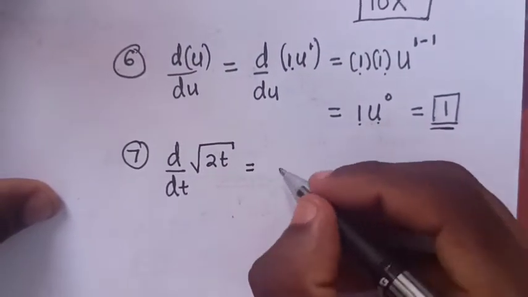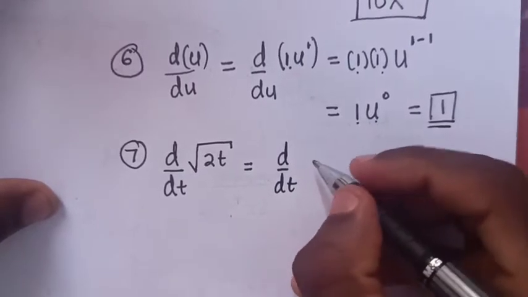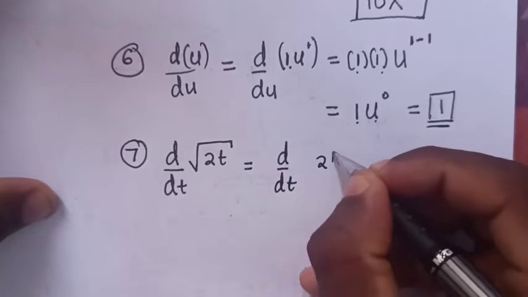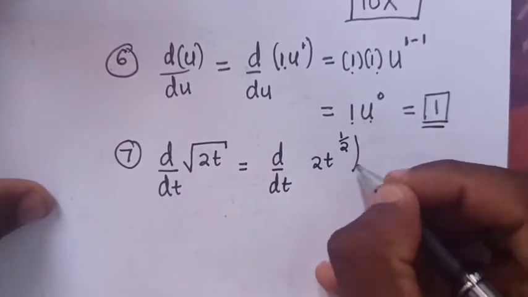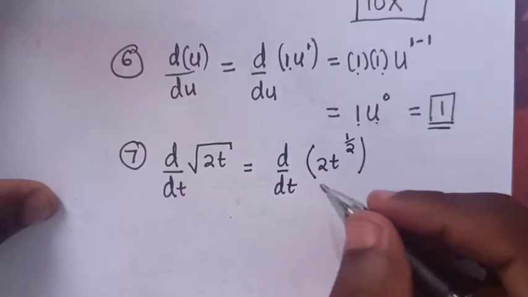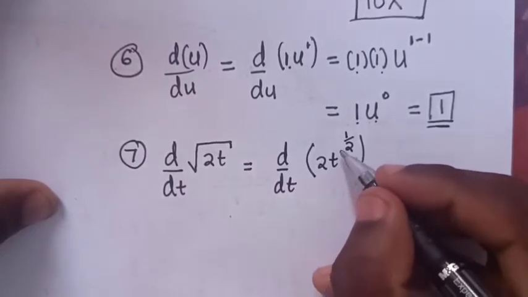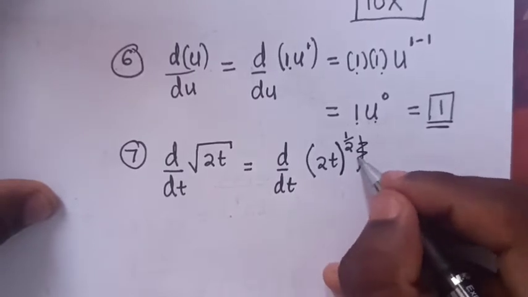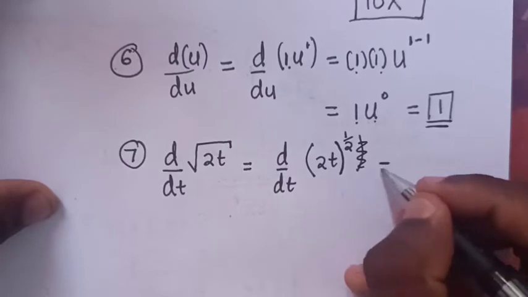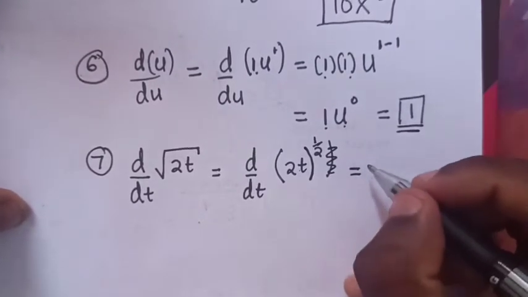The derivative of square root of 2t with respect to t is equal to, we write this in the form of exponent and coefficient. So here it will be 2t in brackets with a half outside, because the square root of 2t is 2t to the power of a half.